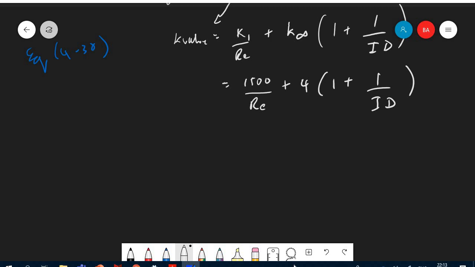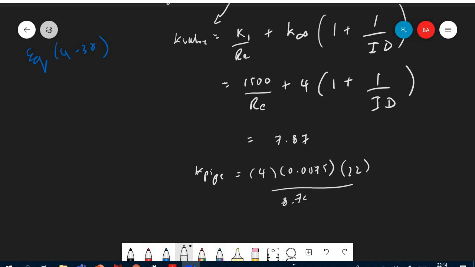The value of K valve is going to be 7.89. And about the K pipe, we already said that this is 4 times the Fanning factor F times the 22 feet L over the diameter, 8.74 times 10 to the power minus 2, which is equal to 7.55.